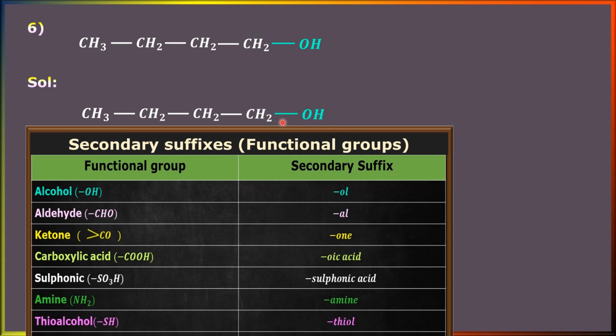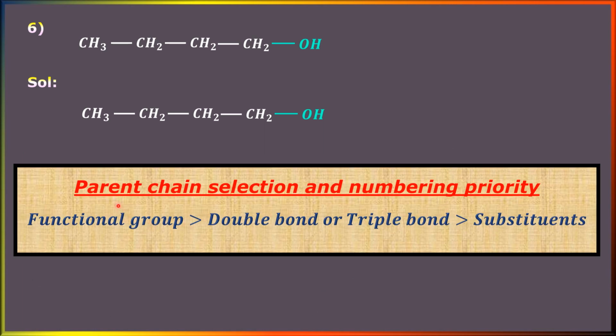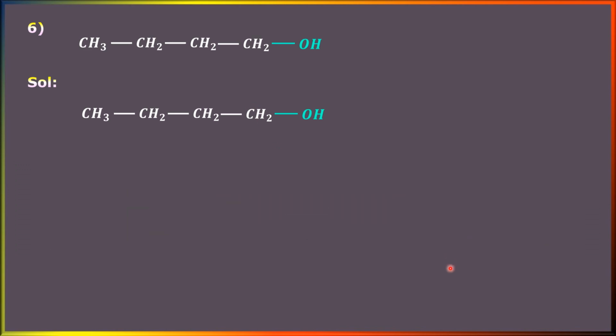For that reason, I am numbering the chain starting from right to left. While numbering the parent chain, the carbon atom attached to the functional group should be given the highest priority in numbering. So for that reason, I am numbering from right to left.